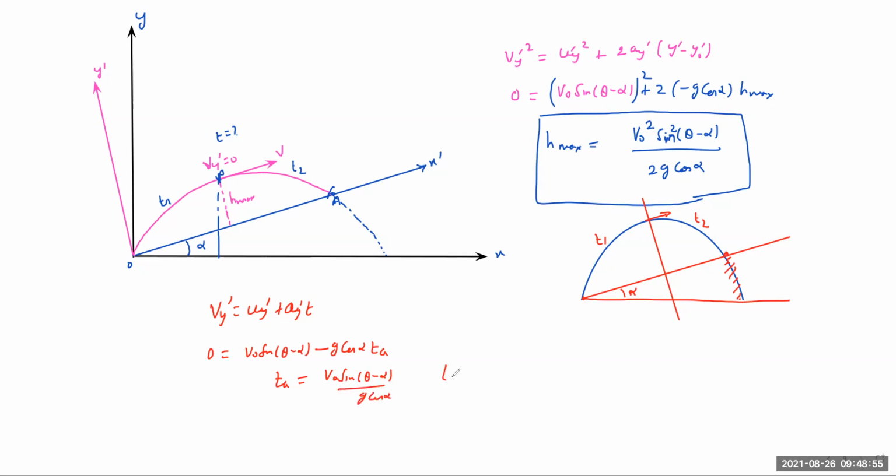So time of descent will be how much? The total time of flight minus t1. Now you can see that this is a very weird answer. Like this, the answer we know is 2 v naught sine. Are we getting the same answer? Yes. So the total time of flight is this much.